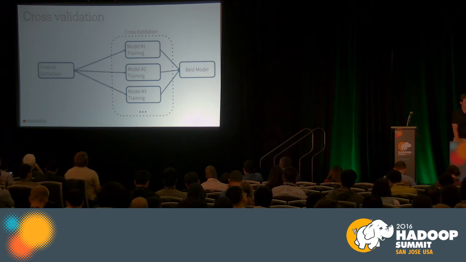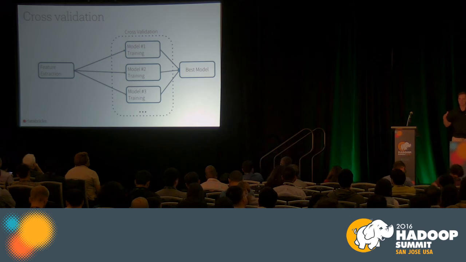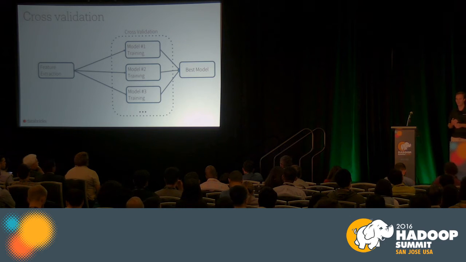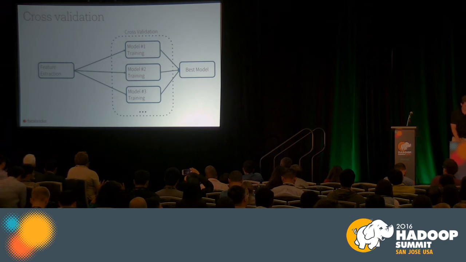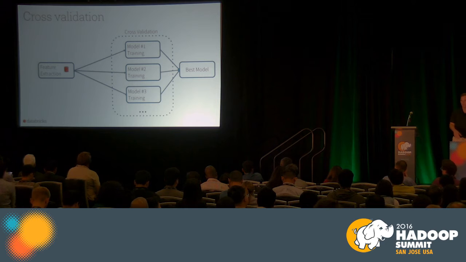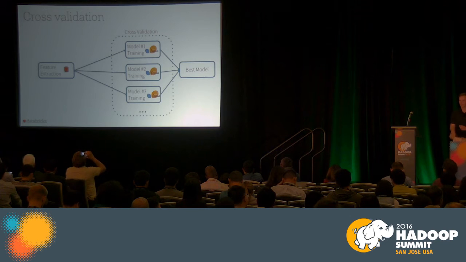Scikit-Learn is a single machine library, but yet again, we can actually integrate within Scikit-Learn some operators which under the hood let you distribute the computations and bring back the best model. So you would start with your data set, for which you could do all the feature extraction in Scikit-Learn, and then run in parallel different models for doing the cross-validation.